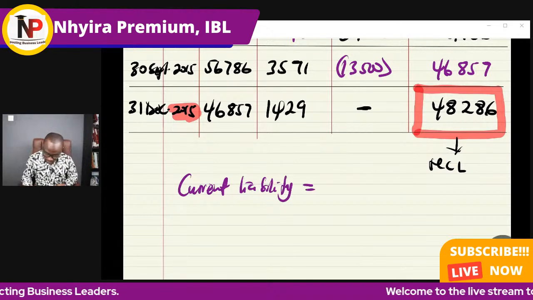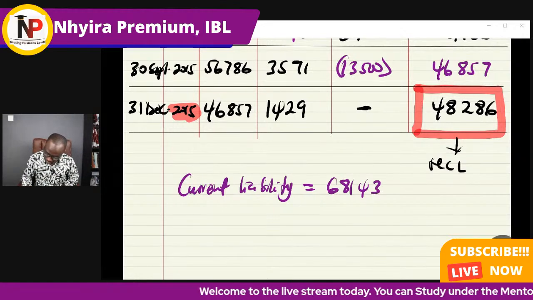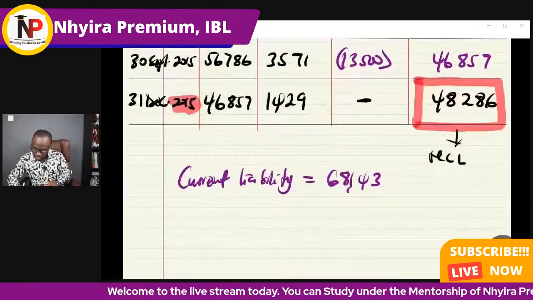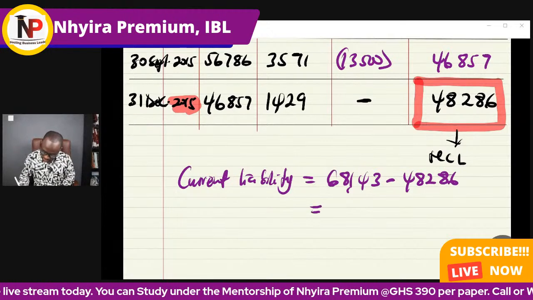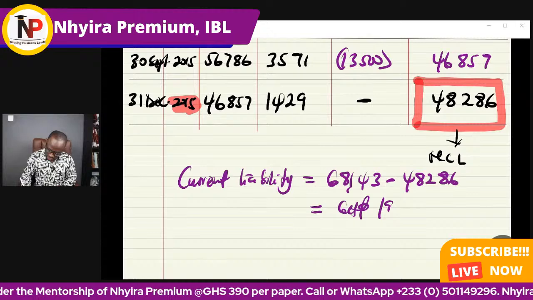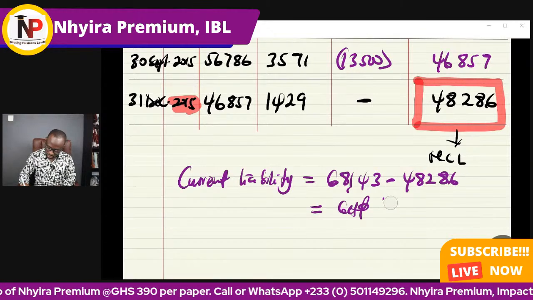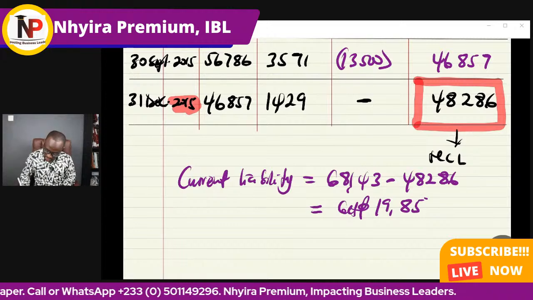So current liability will now be equal to the 68,143 minus the 48,286, and that gives us an amount of 19,857.